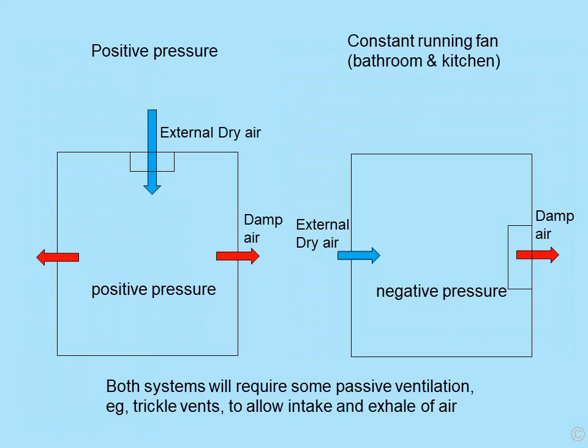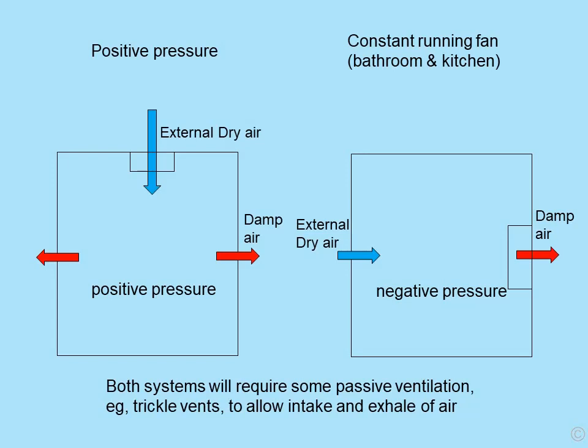Positive pressure systems pull in external dry air. Remember, the air outside is inevitably drier, contains less atmospheric moisture than the air inside, because the principle of ventilation is to replace damp air inside with drier air from outside. So positive pressure is pulling in external dry air.